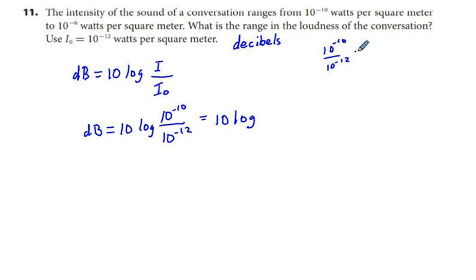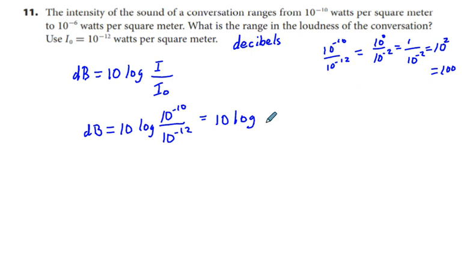The negative 10 and 12 combine, so we get 10 to the negative 10 minus negative 12, which is 10 to the 2 power, equal to 10 squared, which is 100.